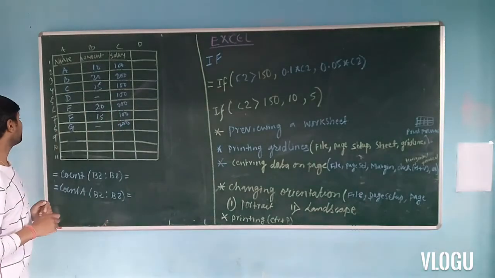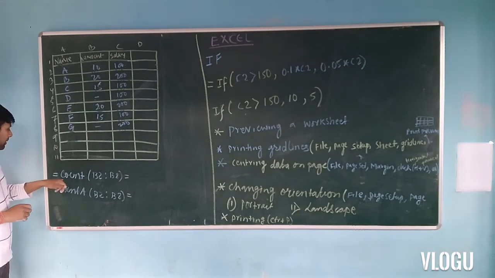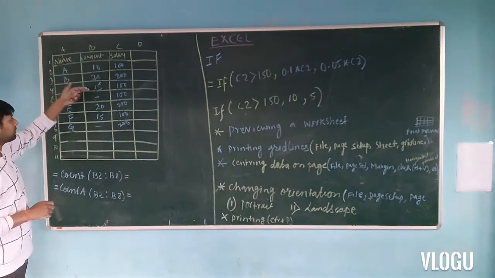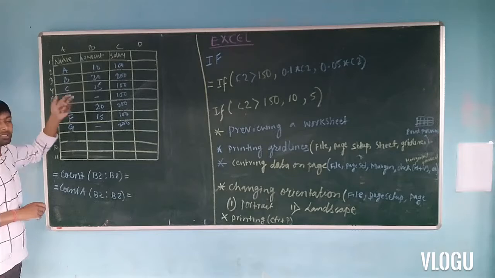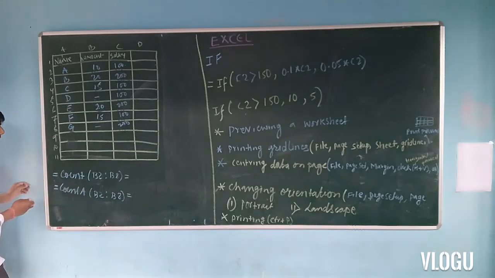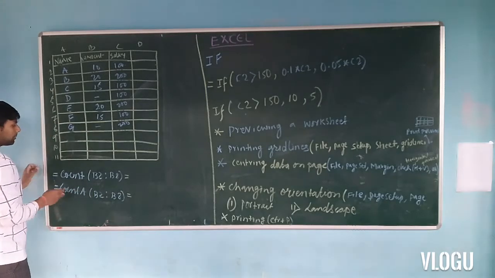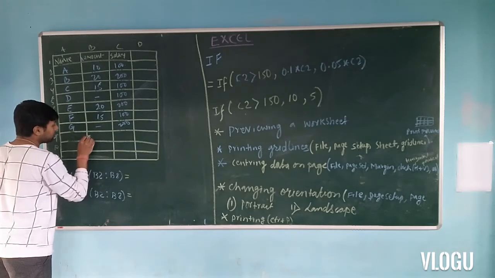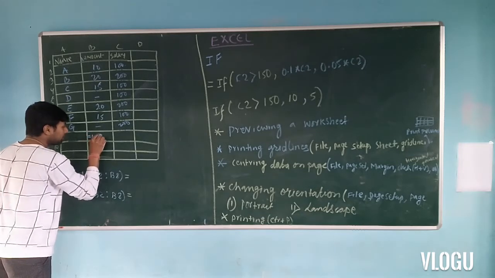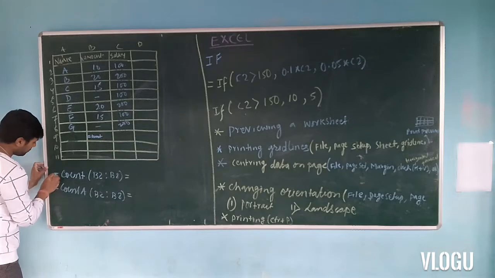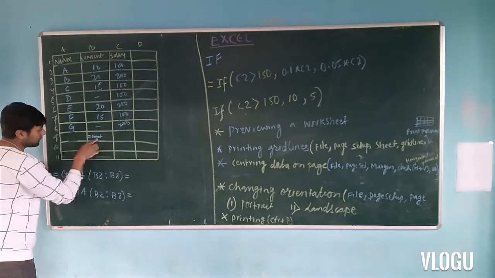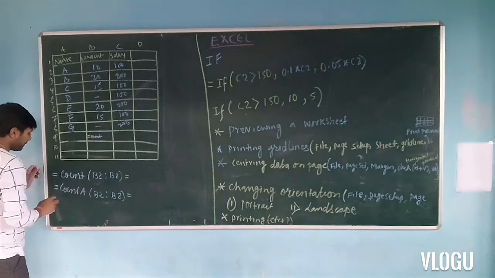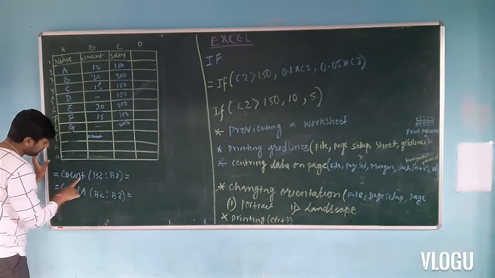Now see, if I apply the count formula to count how many people are donating money, see how I can apply it. Just put here count. The formula should start with equal to, so that it will count the whole range.